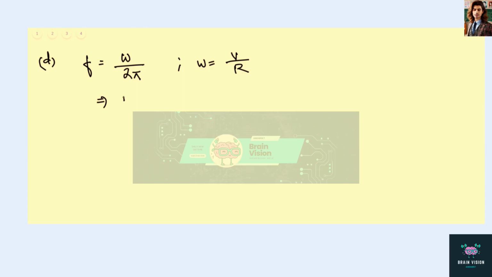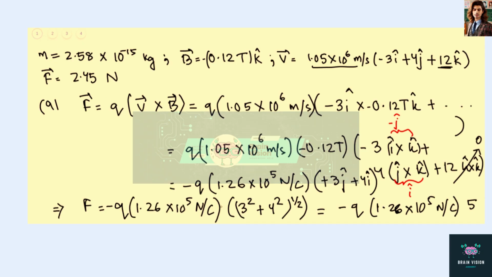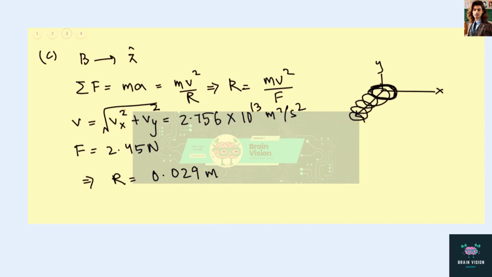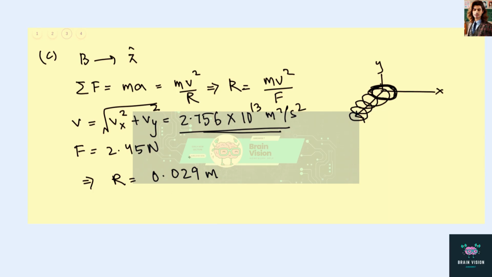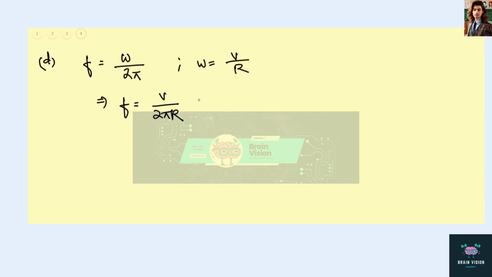So this gives the frequency to be v over 2 pi r, and we already found the tangential velocity in the xy plane over here. So we are going to use that, and we know the radius, which is equal to this value, and we get the frequency to be 2.88 times 10 to the power 7 hertz.